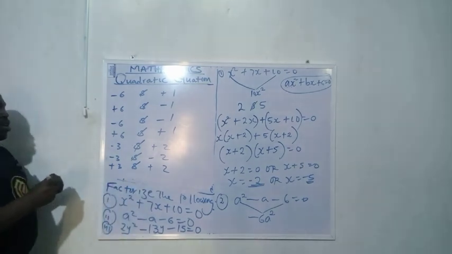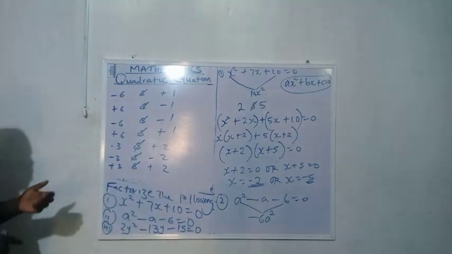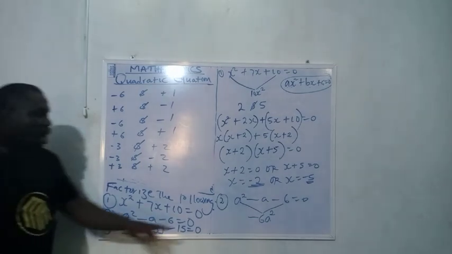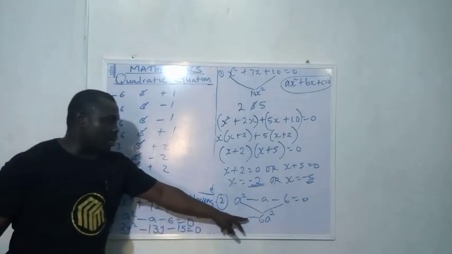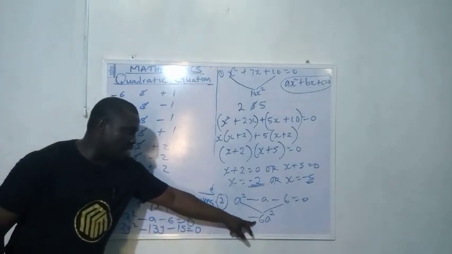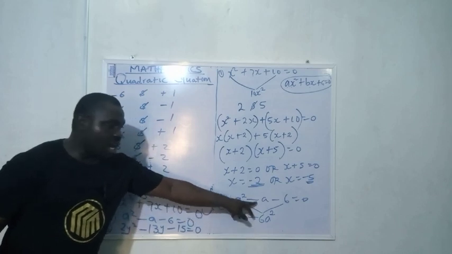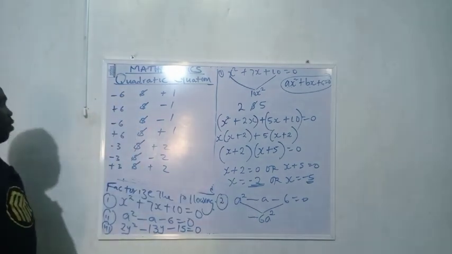So these are the various possibilities we can have. Now what do I mean here? I want to think of two numbers that when I multiply, I will have this, and when I add, I will have this. That's what I want to think of now.